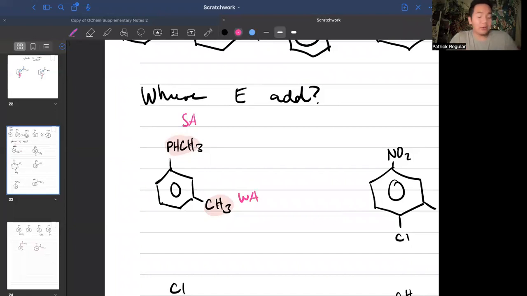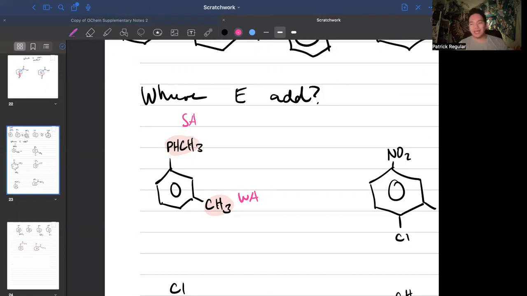So both want ortho-para, right? Well, let's just disregard that entirely. Generally, the highest on the list will be directing your electrophilic aromatic substitution. So which is higher on the list?